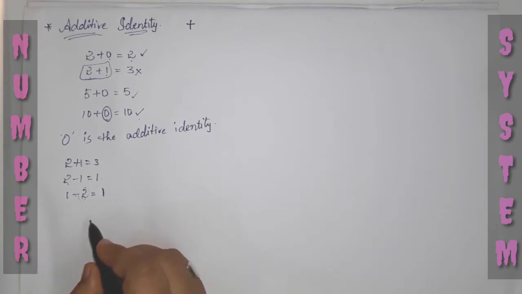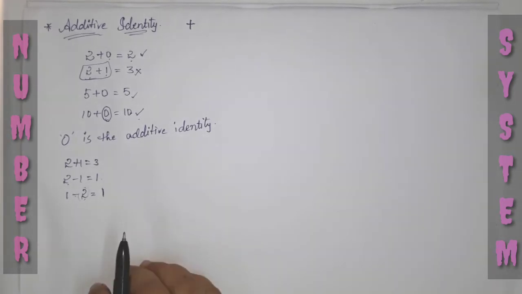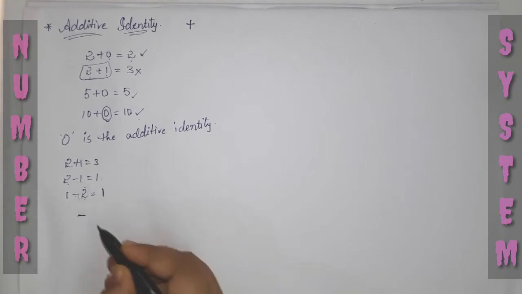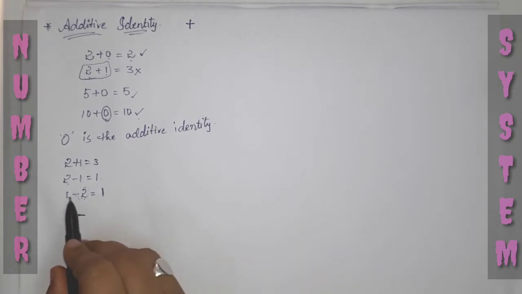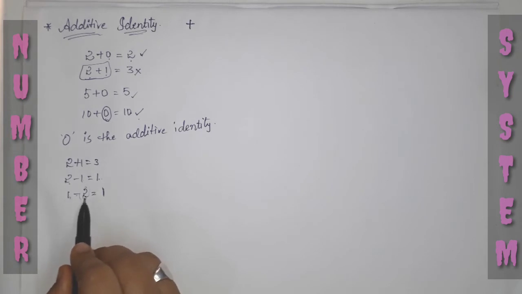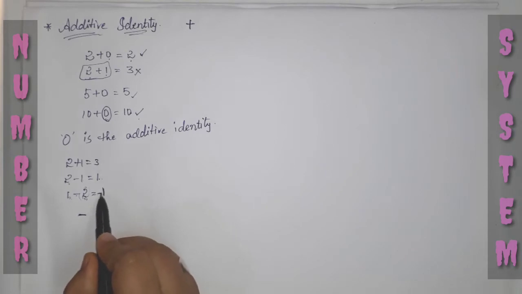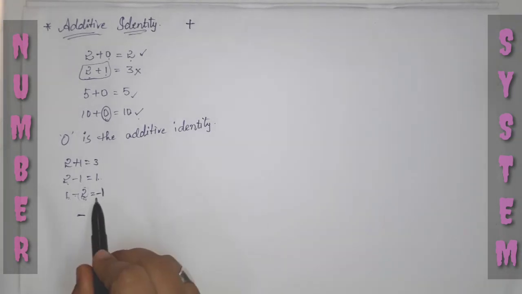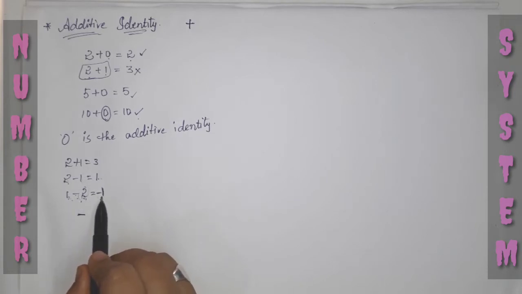Whatever positive numbers you take, if you add a minus symbol to the numbers, those numbers are called negative numbers. 1 minus 2: 2 minus 1 is 1, but here in 1 minus 2, in this type of situation you have to write 1 with the minus tag. That means this indicates a negative, an impossible situation. Whenever you have these impossible situations, you can write negative numbers.